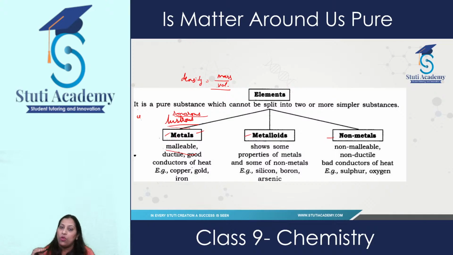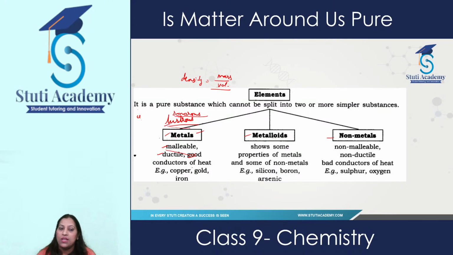They have very low melting and boiling points, and very low densities. Then these are the properties of metals, and they have high tensile strength. They are quite strong. So these are the physical properties. Metals are malleable, ductile, good conductors of heat.